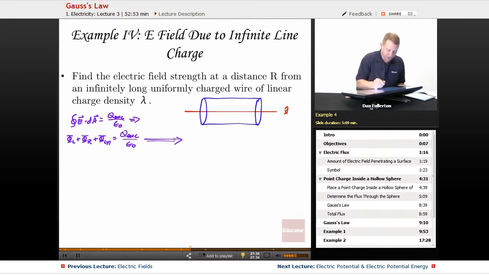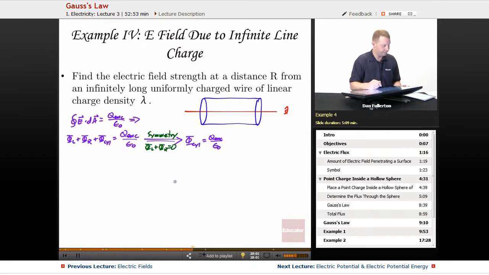As we just mentioned, by symmetry, the flux through the left plus the flux through the right must equal 0. So all we have to worry about is the flux through the sides of our cylinder, the cylinder portion, equals the total enclosed charge divided by epsilon naught.